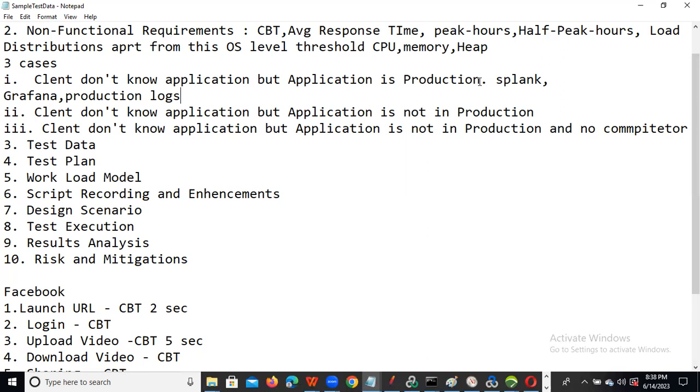So these hours we can consider as peak hours. Off-peak hours are when there is less load.